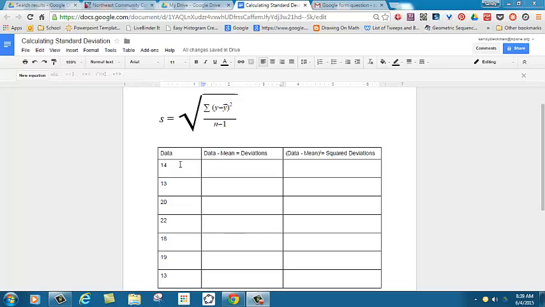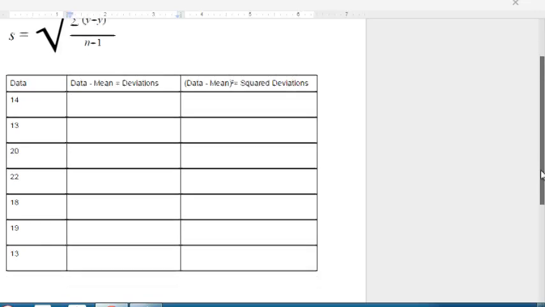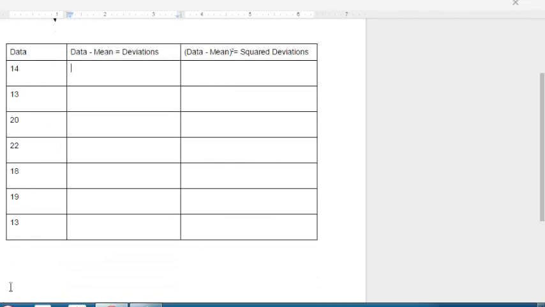And the numbers here are 14, 13, 20, 22, 18, 19, and 13. So the first thing I have to do is find the average of all these numbers, or the mean of these numbers. So basically what I did was I added up 14 plus 13 plus 20 plus 22 plus 18 plus 19 plus 13. And the sum was 119.